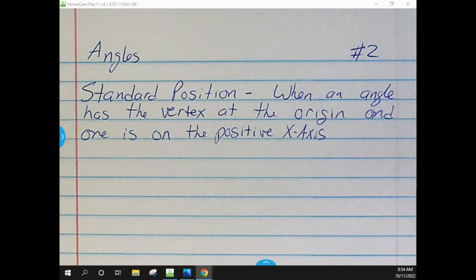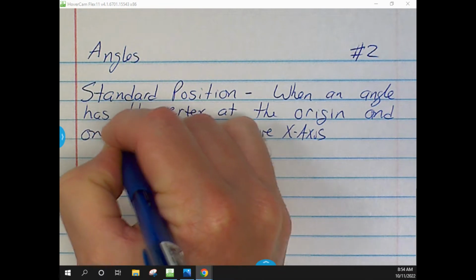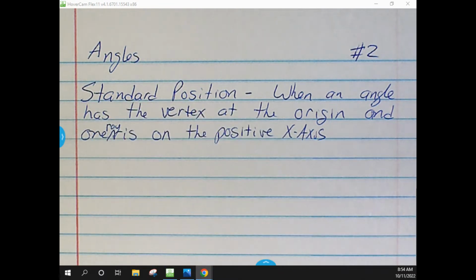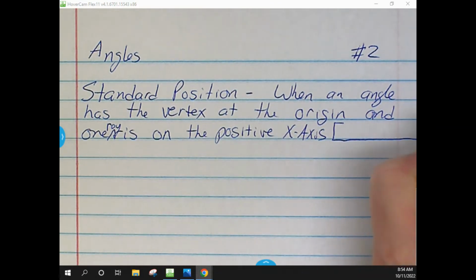One ray and one, oh yeah, I didn't put the word in there, did I? Sorry about that. And one ray, my bad. Okay, and this positive x-axis that we're talking about, that's what they're going to call the initial side because that's where this thing has to start.